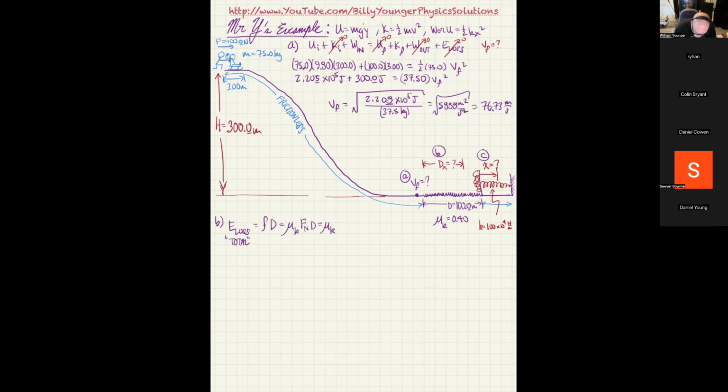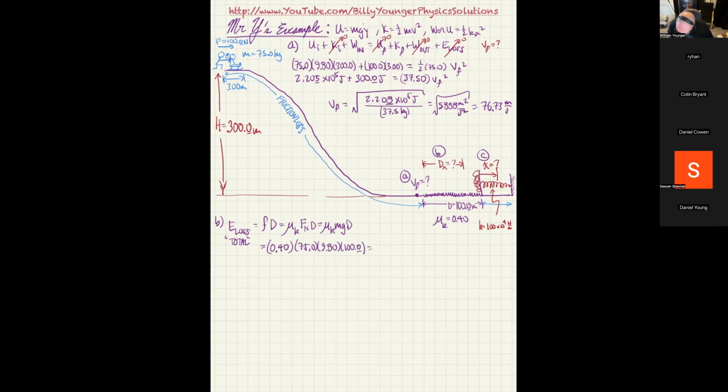So this is going to be mu kinetic times m times g times d, and therefore we're going to get 0.40 for the coefficient of kinetic friction times mg, that would be 75.0 times 9.80. Notice the 75 times the 9.8 gives us newtons. And then the D is 100.0. That gives us newton meters, which is in fact a joule.